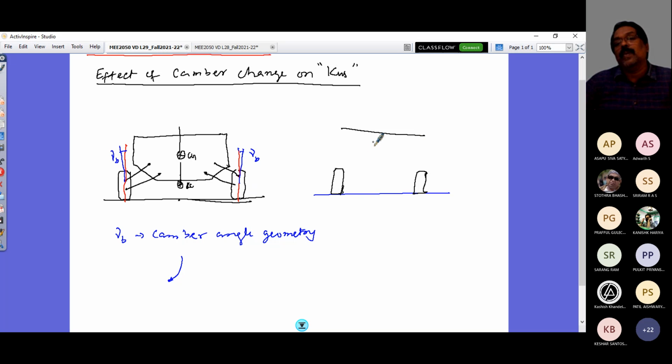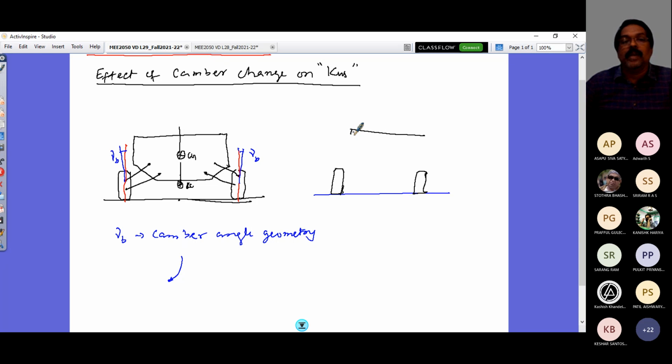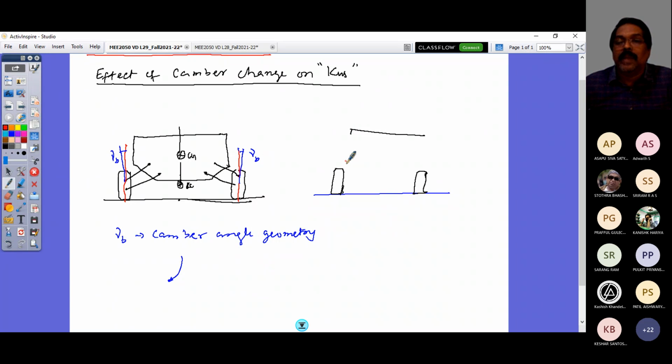So now there is a roll, right? And the body here, what was there earlier, that would change now. Let me just carefully draw this diagram. So this body, this line. Let me also have this wheel plane line.